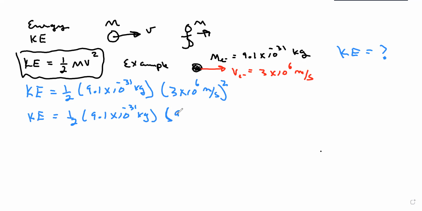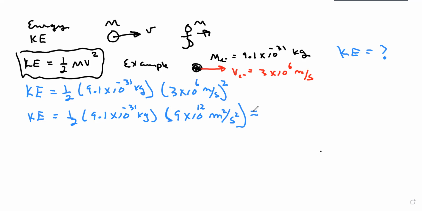So it's going to be 9 times 10 to the, and then 2 times 6 is going to give you a 12. And then it's going to be a 12 right there. And then you got meters. Meters has to go to the square, and seconds have to go to the square too, because you got to square the units too.